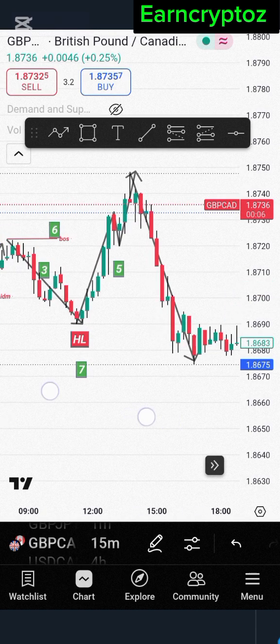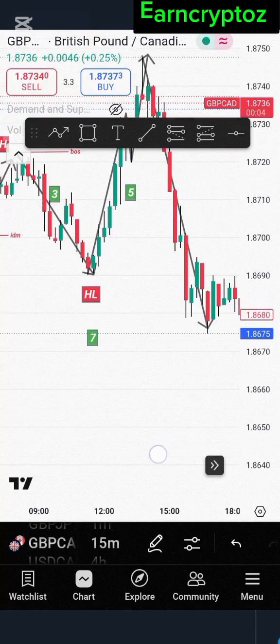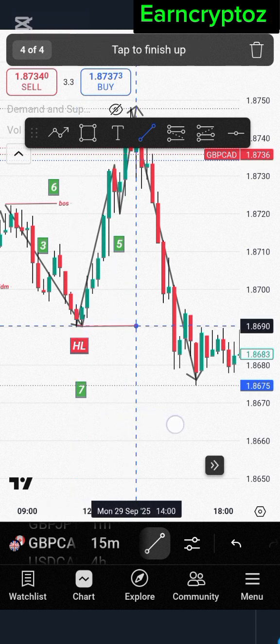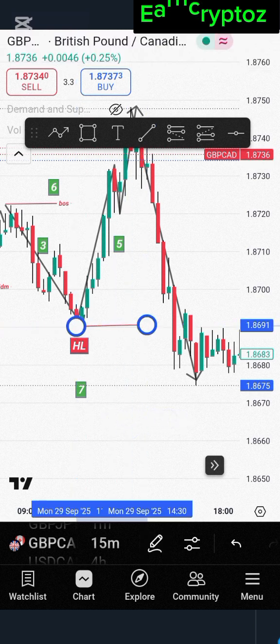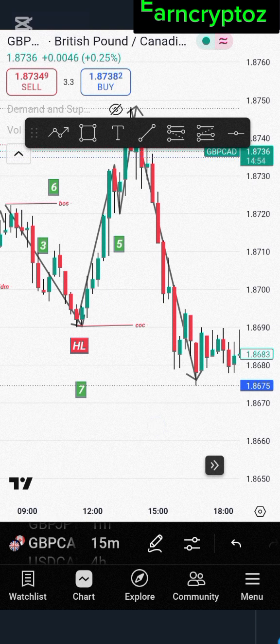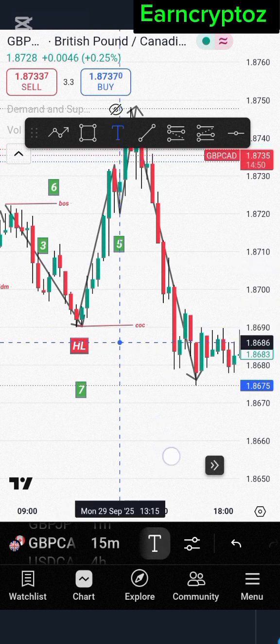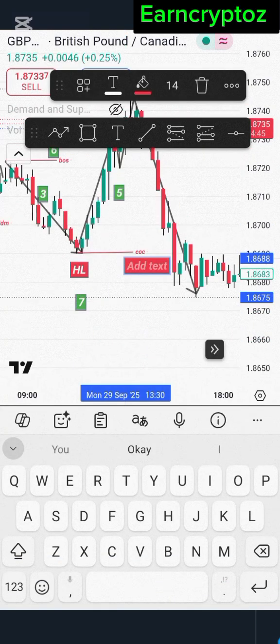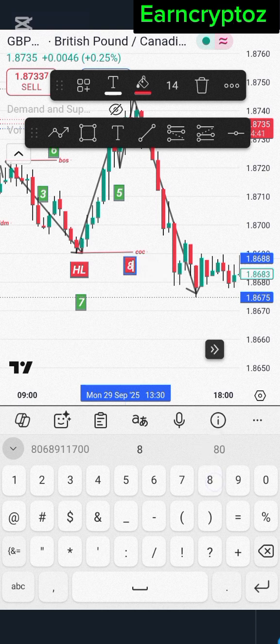It broke below the higher low. And that is the COC, change of character. The change of character is just an indication that the trend may change. It is not confirmed yet until you see a break of structure follow it. So that's number 8.